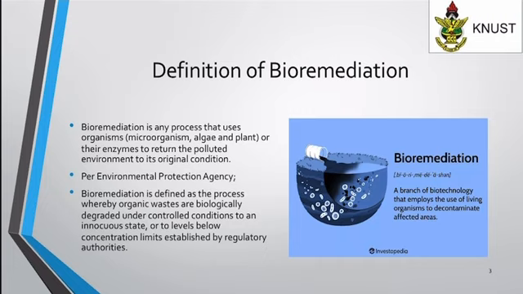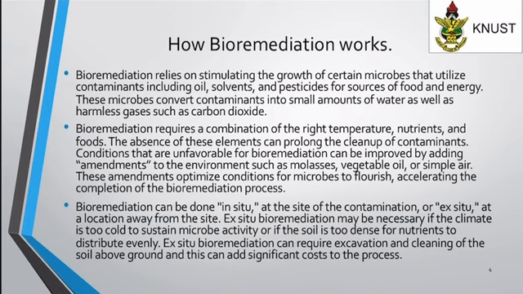These microbes convert contaminants into small amounts of water as well as harmless gases such as carbon dioxide. Bioremediation requires a combination of the right temperature, nutrients, and foods. The absence of these elements can prolong the cleanup of contaminants.